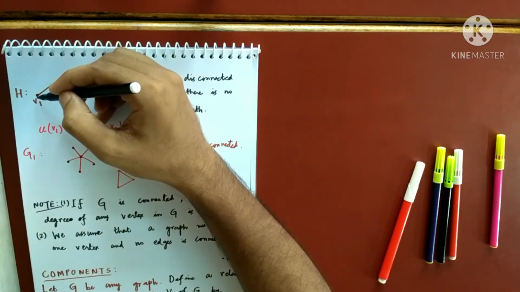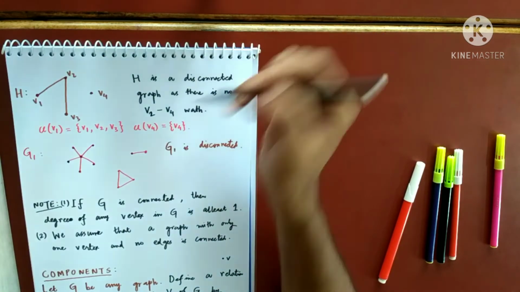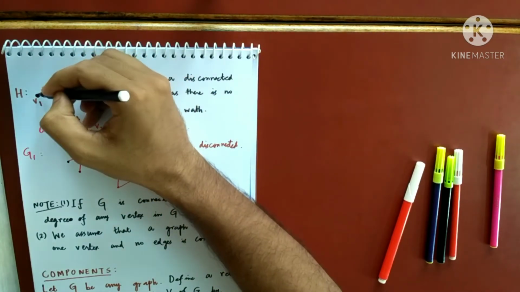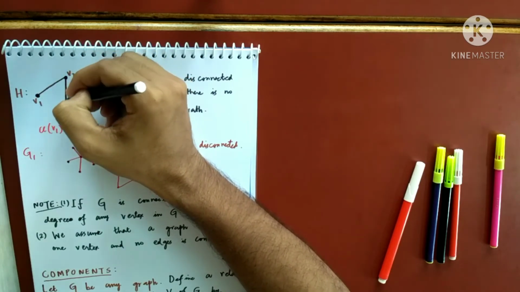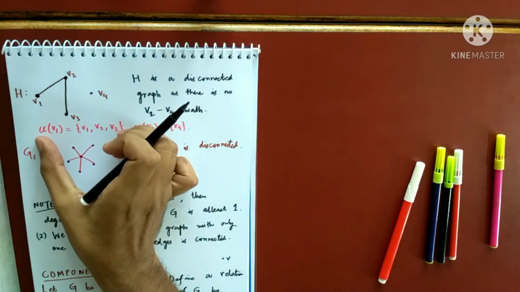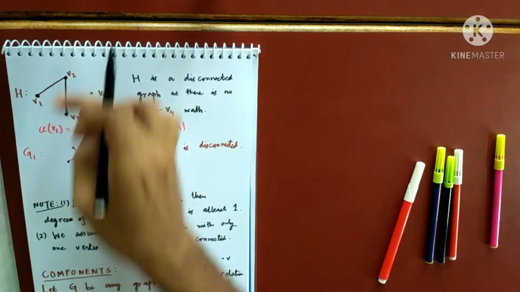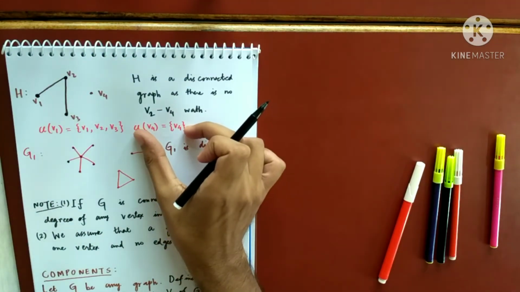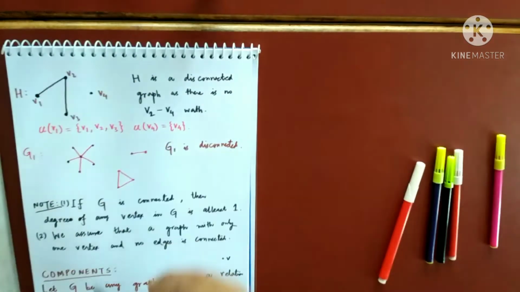If it does not have an edge between V1 and V2, don't join them. That means you consider the vertices in some class and then consider that subgraph of H. I'll draw this edge, and this edge. So with the help of this class, I'm getting a subgraph of H, and with the help of this class, I'm getting another subgraph of H.